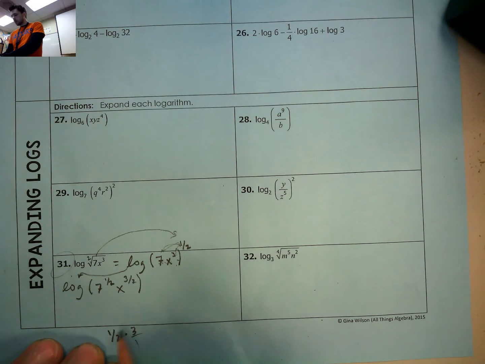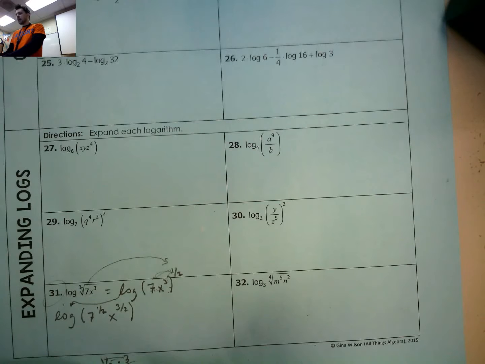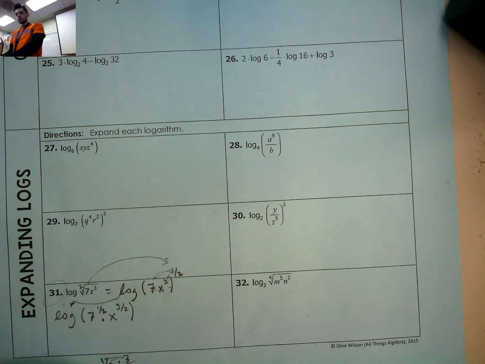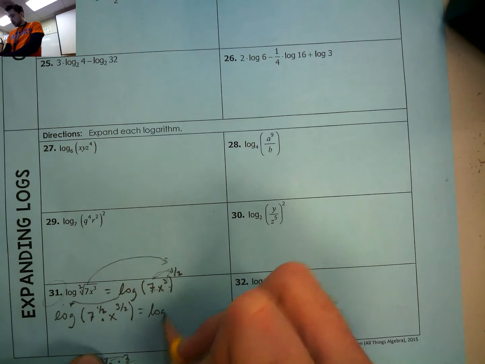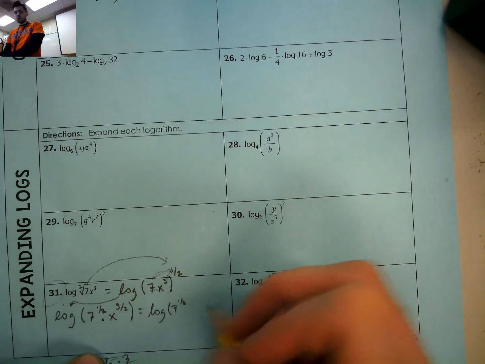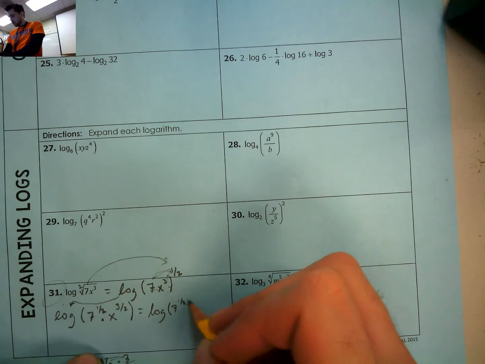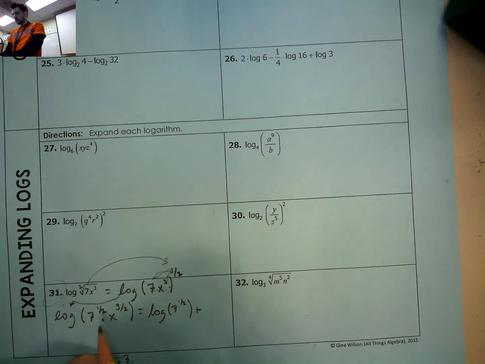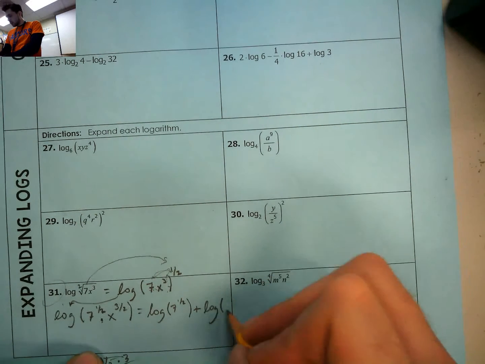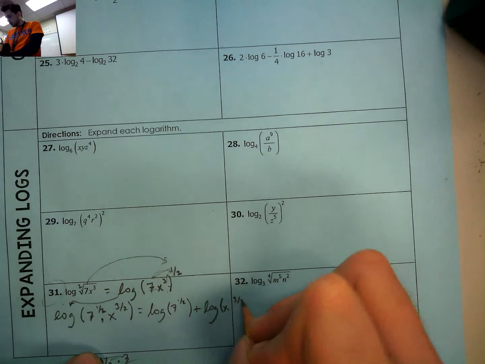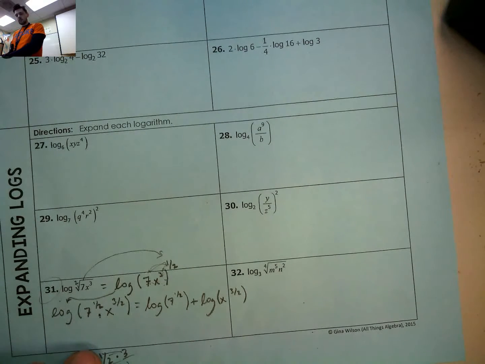We multiply a fraction by a whole number, put it over 1, multiply across, 1 times 3 is 3, 2 times 1 is 2, 3/2. Hey, we have some multiplication going on between these two. Let's break it up. Log of 7 to the 1/2, or square root of 7, plus, right, a multiplication inside can turn into addition outside, log of x to the 3/2.